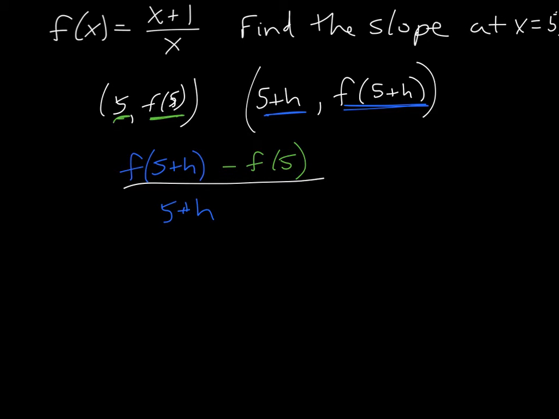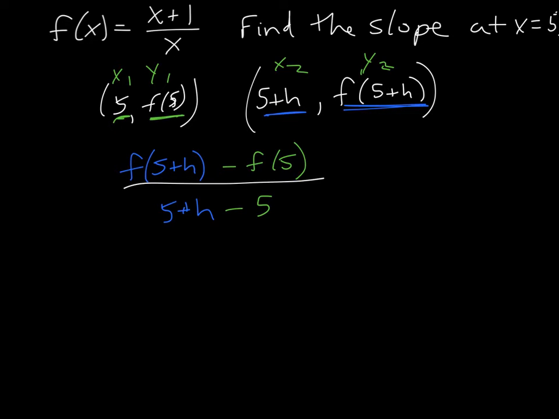And then we're going to subtract, whoops, delete that. I want to subtract 5 here. I just wrote the wrong thing. We're subtracting that 5. And maybe it would be even clearer if I would label this as x1, y1, x2, y2. So we've got good old slope formula from Algebra 1. It just looks a little bit different because I've got this crazy 5 plus h going on.